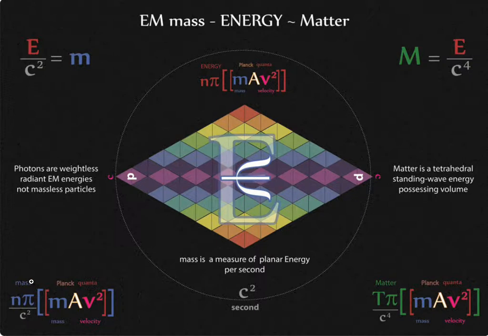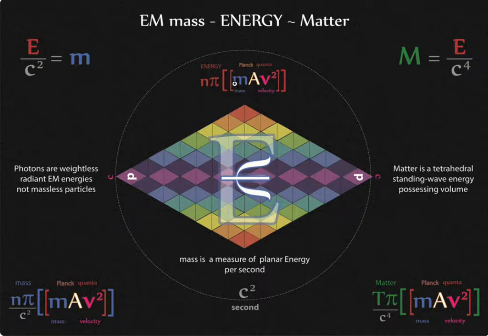Tetryonics will list mass energies as n pi because they're all in the same plane, whereas mass energies of matter, and specifically the matter geometry itself, is measured as T pi, standing for 4n pi geometries, tetrahedral geometries, where the tetryon is the matter quanta. Obviously they both contain energies, and these energies can be expressed as n pi as well, just like the mass itself.